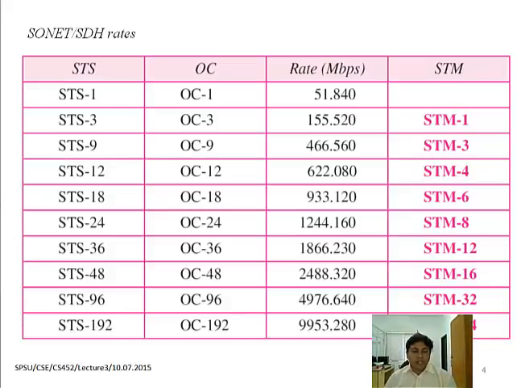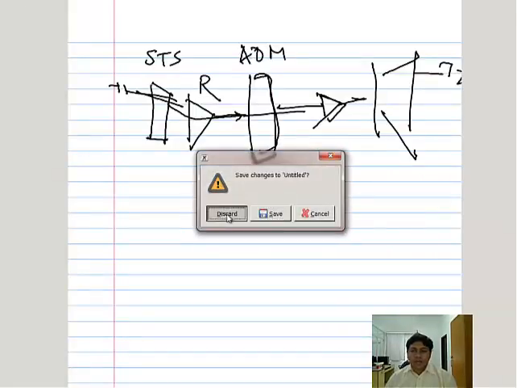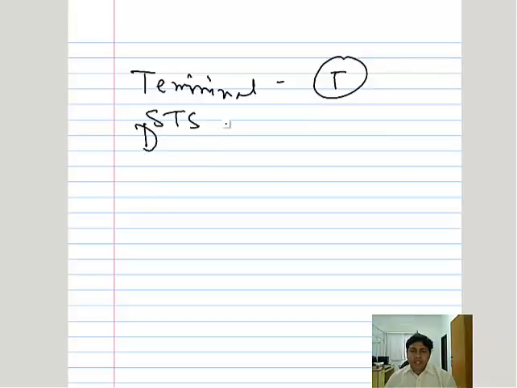So now let's list the different devices in SONET. We have first called terminal. Then we have something called multiplexer, STS multiplexer or demultiplexer.